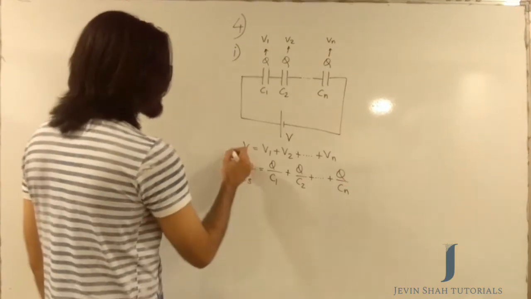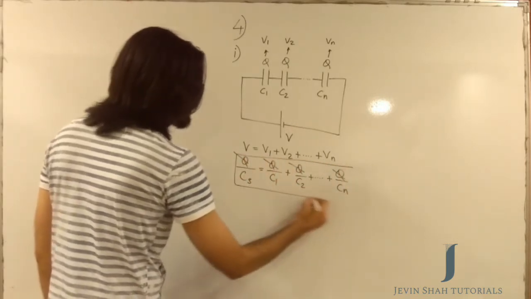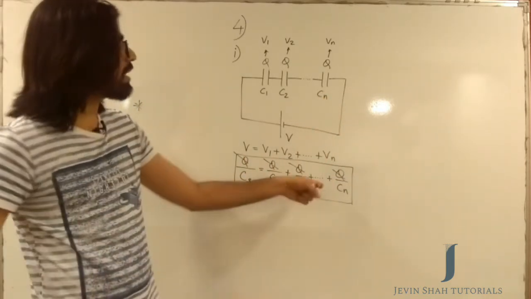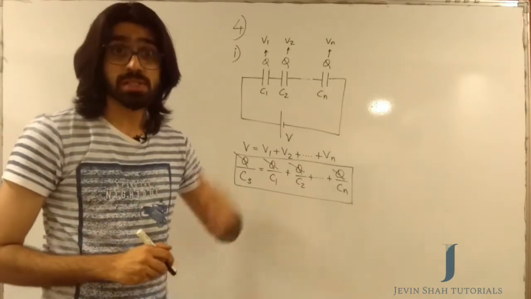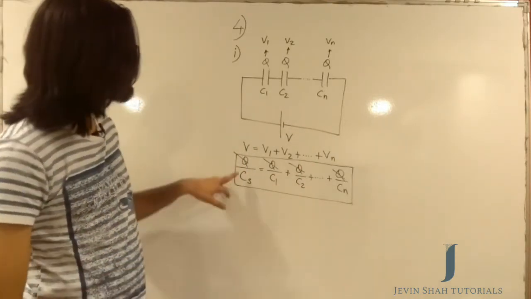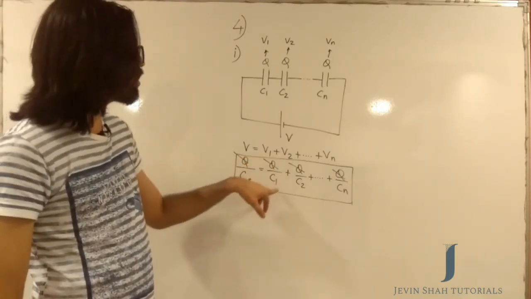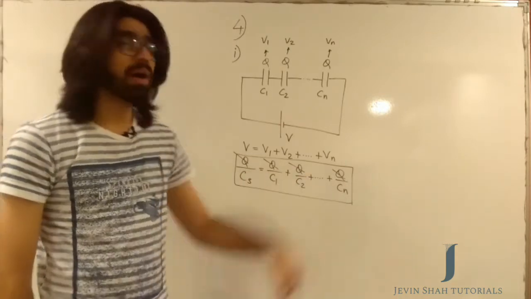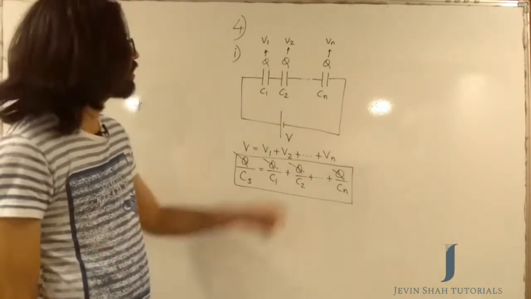You can just cancel out that Q, and what you finally get is the formula for effective capacitance of n capacitors connected in series. So if you are connecting n number of capacitors in series, the effective capacitance, that is 1 upon Cs, will be given by 1 upon C1 plus 1 upon C2 and so on up till 1 upon Cn. That's how you get the capacitance when you are connecting all of them in series.